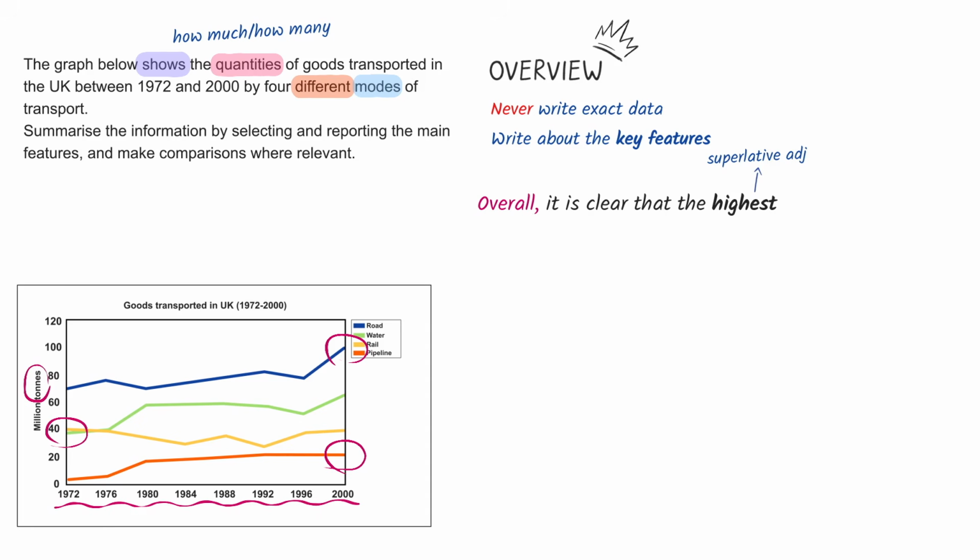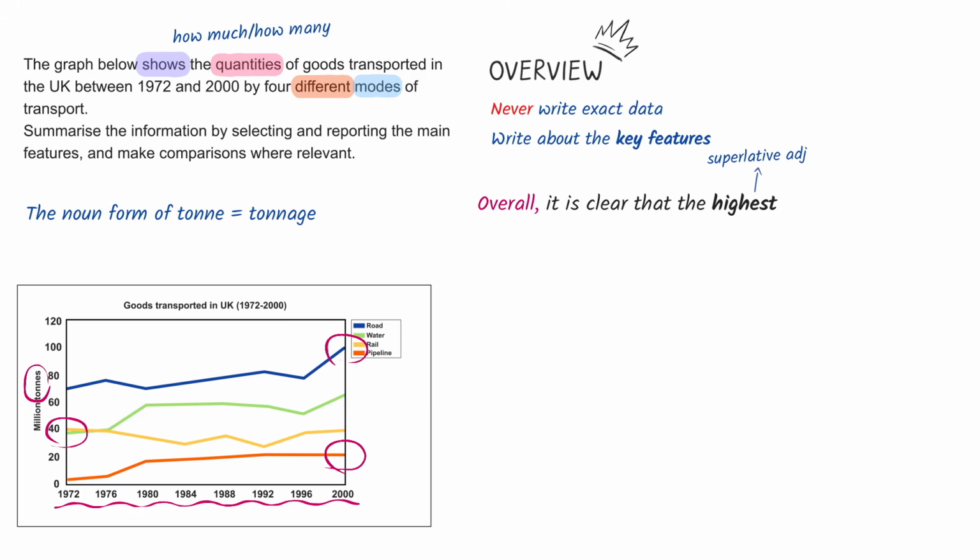All right, now, our unit of measurement is tons, all right? Now I'm going to change tons into a noun. And a noun for tons is tonnage, all right? Tonnage. So we're going to write tonnage of goods.